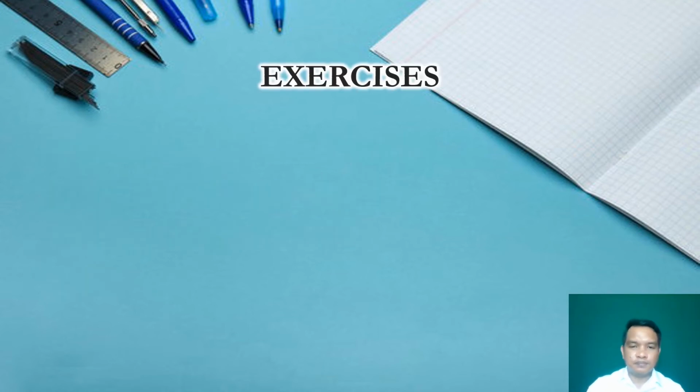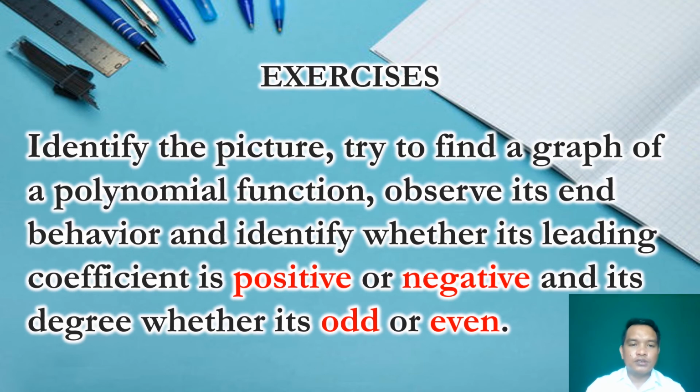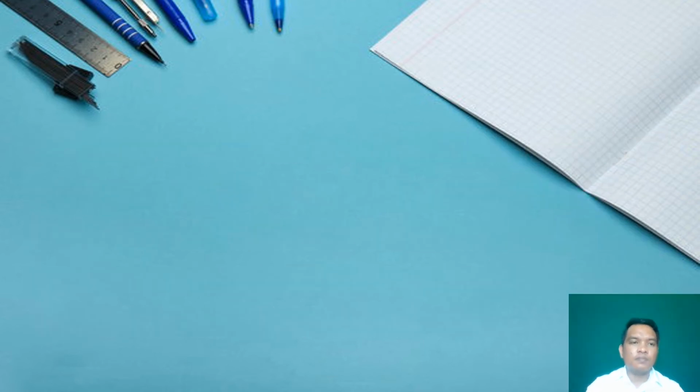So exercises tayo. So tingnan natin kung naunawaan niyo yung ating discussion. So identify the picture, try to find a graph of a polynomial function, observe its behavior and identify whether its leading coefficient is positive or negative and its degree whether it's odd or even. Ayan.